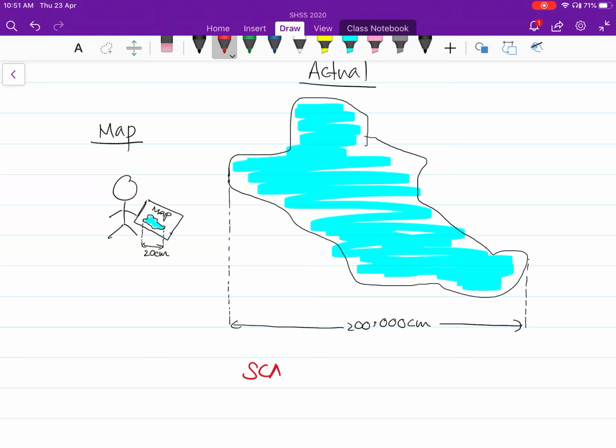The map has a scale of 20 cm to represent 200,000 cm on the real ground.